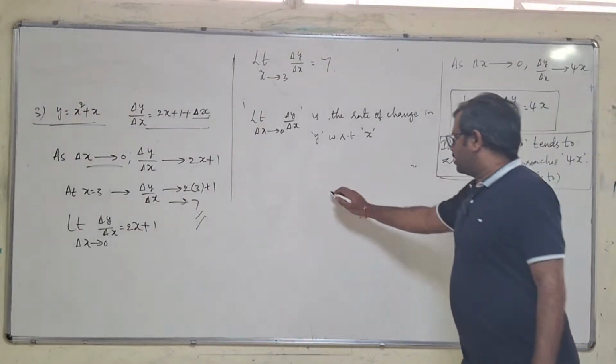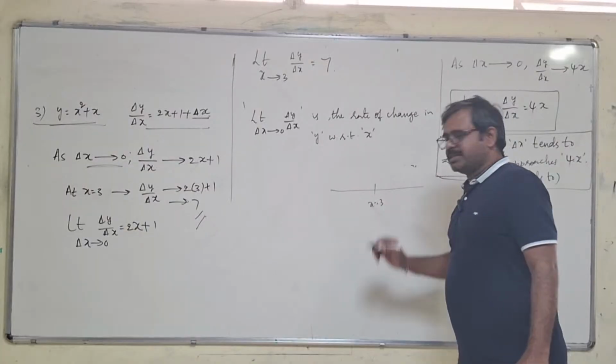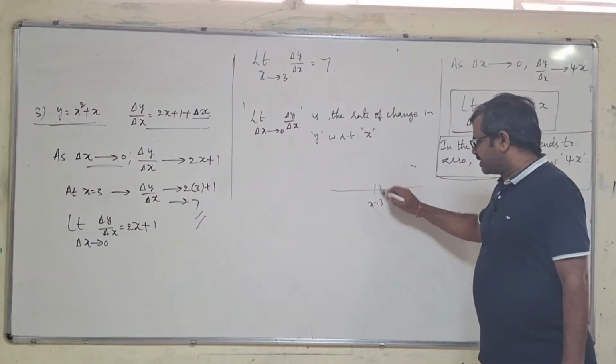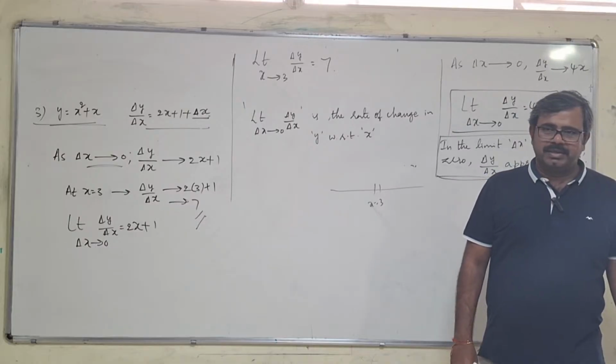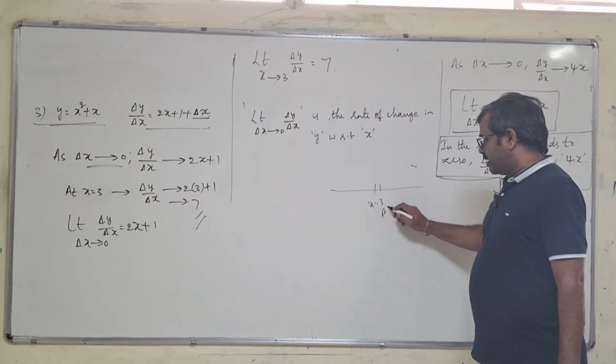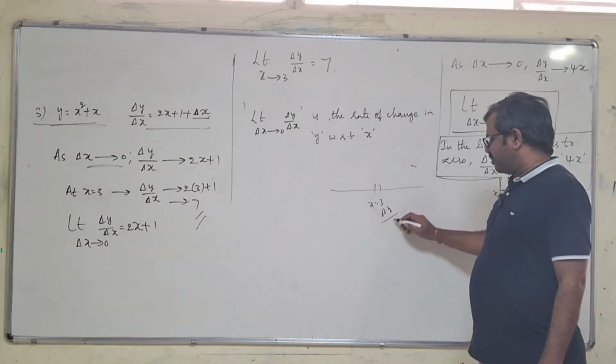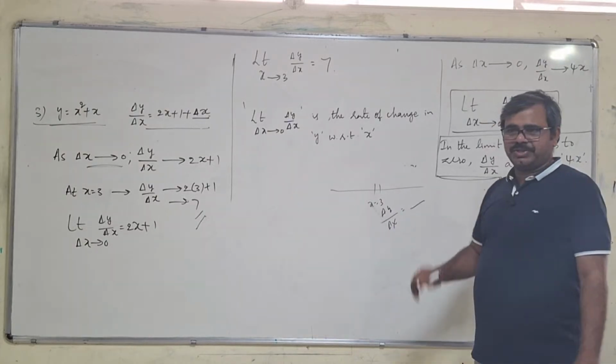What are we doing if x is equal to 3 is given? We are constructing a small interval around x is equal to 3. In that small interval, we are finding delta y, and we are finding delta x, and we are finding this ratio.